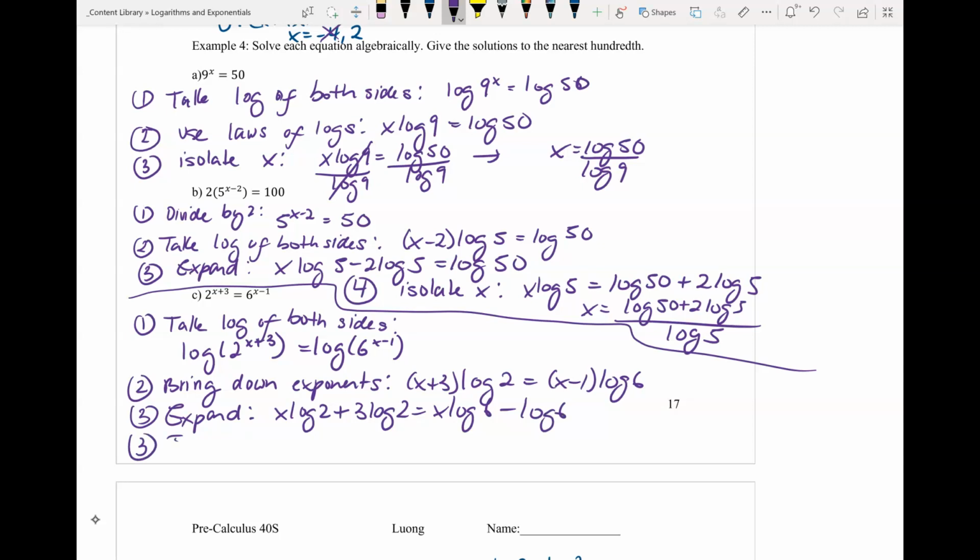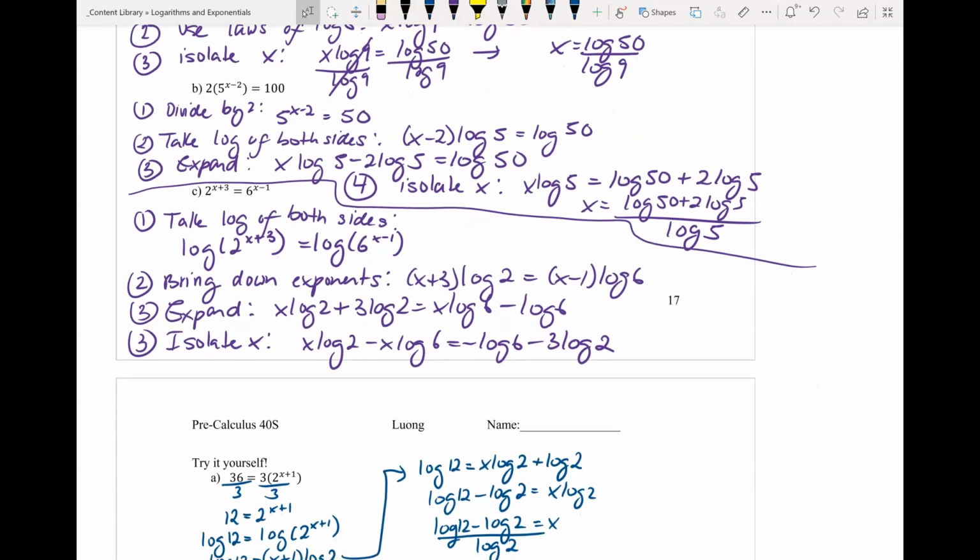Now I'm going to isolate x. So I'm going to move x to one side. So any term that has an x in it, I'm going to move it all to one side and then throw the other things on the other side of our equation. Okay, so I move this x log 6 with the x log 2 and then everything else to the other side.